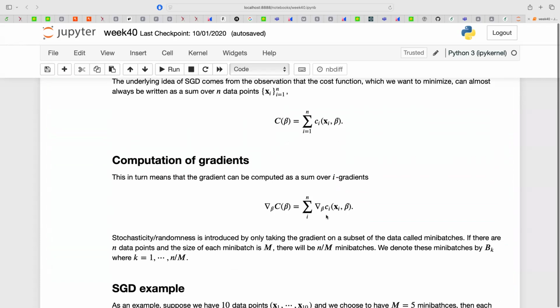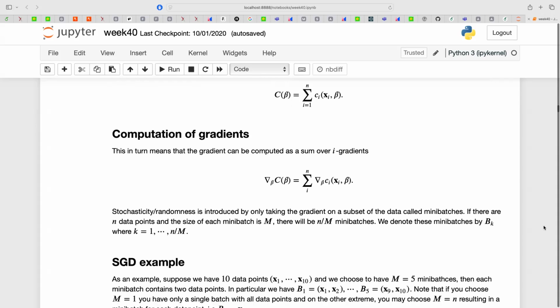So just keep that in mind, that till now, we have been calculating the gradients in this specific way. What you could think of is to introduce some kind of stochasticity or randomness by only taking the gradient on a subset of the data. And this subset of the data is normally called mini batches or just batches. Sometimes we just skip the name mini batches.